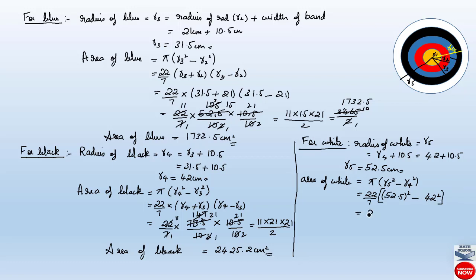Applying the identity again, a plus b into a minus b, that is 22 divided by 7, 52.5 plus 42 into 52.5 minus 42. If you do that, you will get 22 divided by 7 into 94.5 into 10.5.